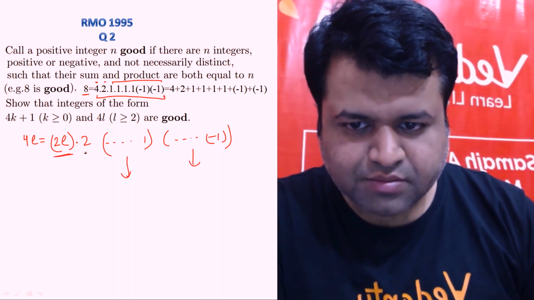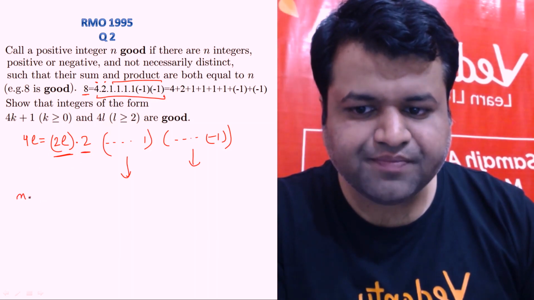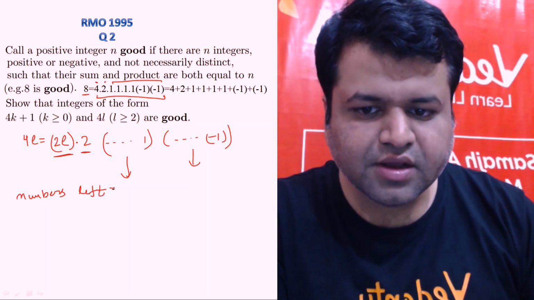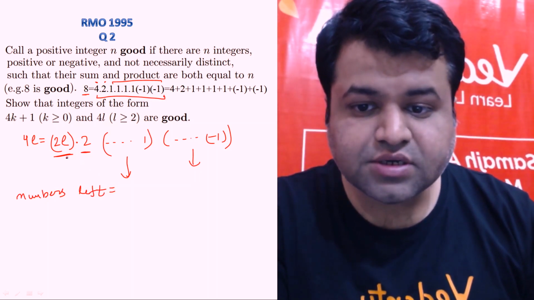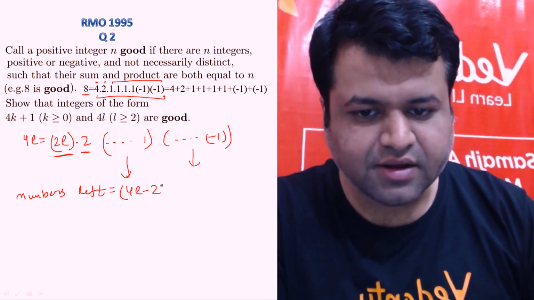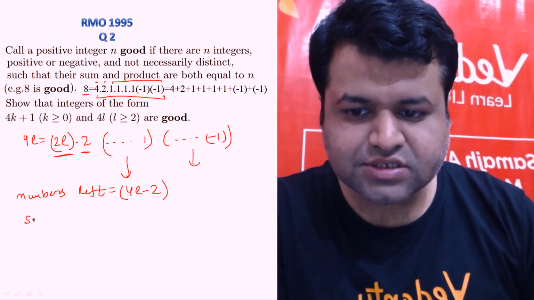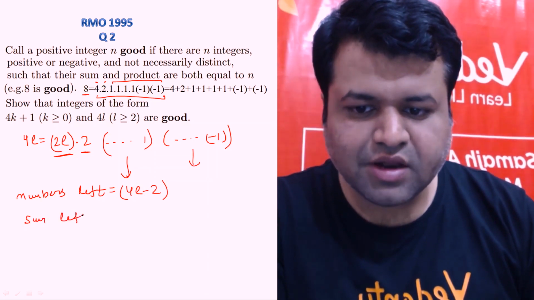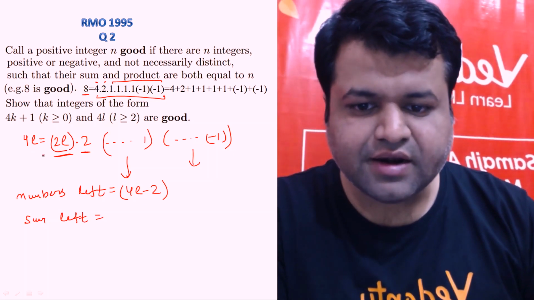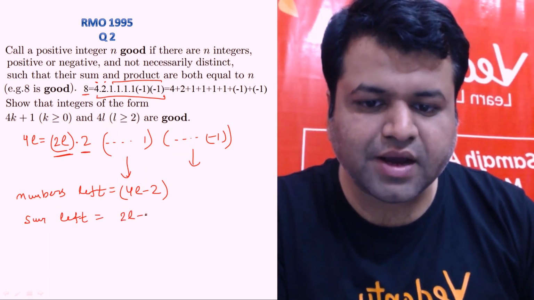We have used two numbers, so how many numbers are remaining? Numbers left will be 4l minus 2. And what is the sum left? We have already used 2l plus 2, so the sum left will be 4l minus 2l plus 2, which is 2l minus 2.